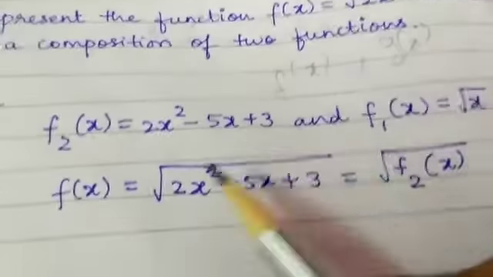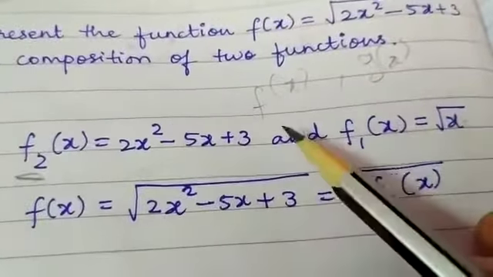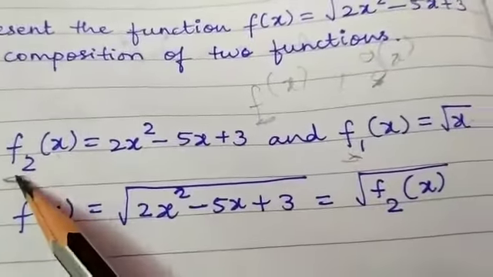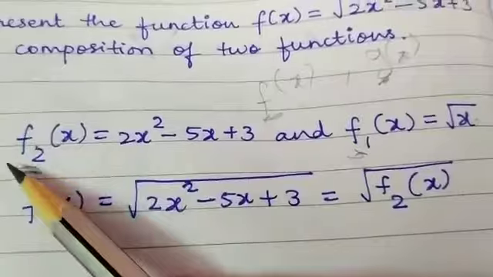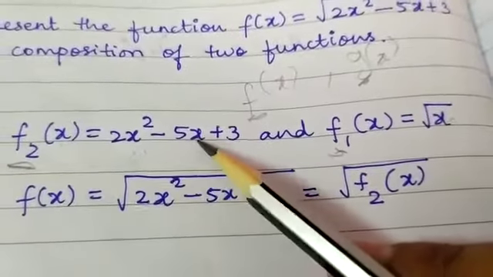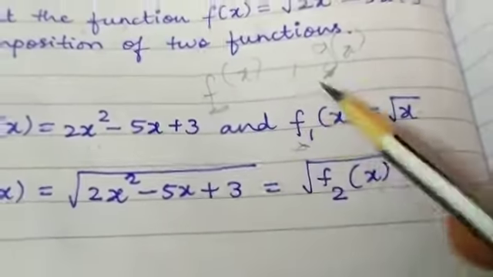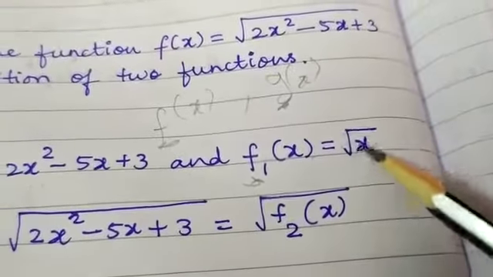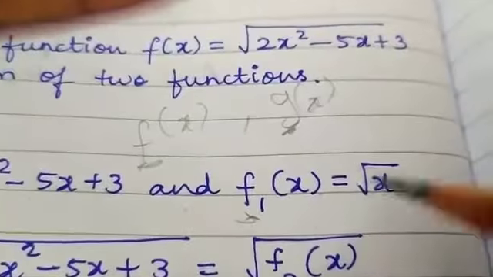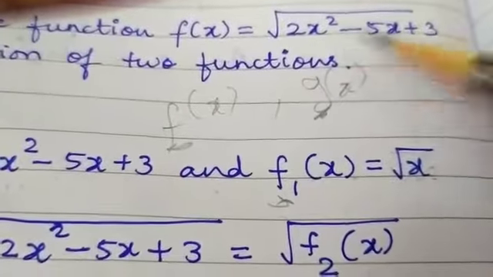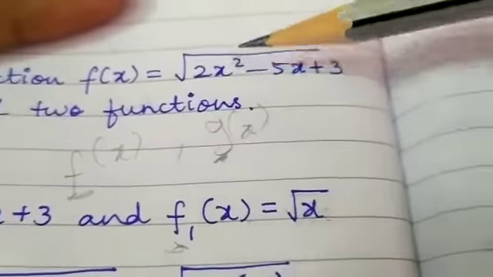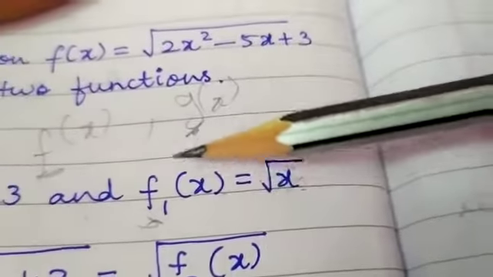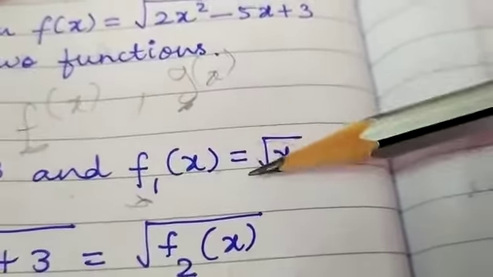I am taking f2 as f and f1 as g, that is f2 of x equal to 2x square minus 5x plus 3, and I am taking g of x as root x. So for g of x, I am taking a root, then for x I am putting x inside. So g of x, that is f1 of x, equal to root x.